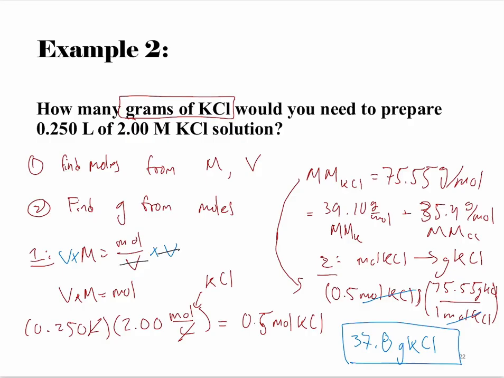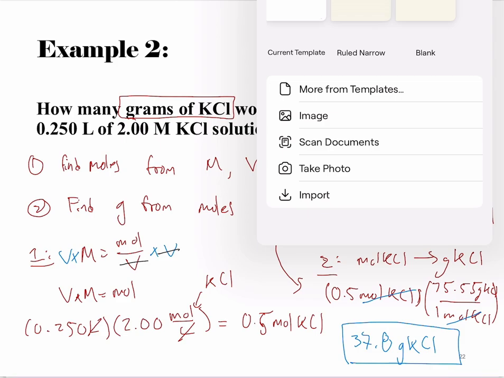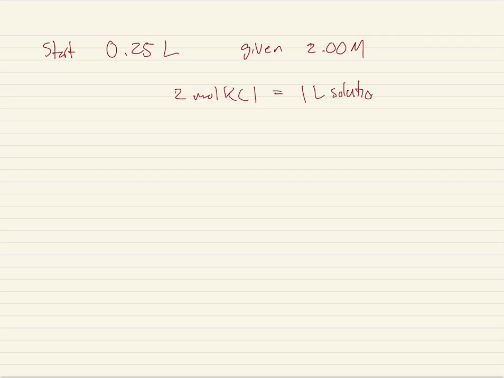Okay. If it helps, you can also think of this as a unit conversion. If you are comfortable with the way it is, you don't have to do a unit conversion. But if we start from 0.25 liters and we're given a concentration of 2 molar solution, a 2 molar solution is basically saying we have 2 moles of potassium chloride per 1 liter of solution.